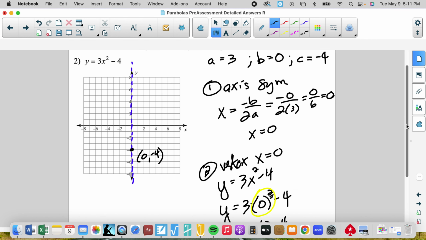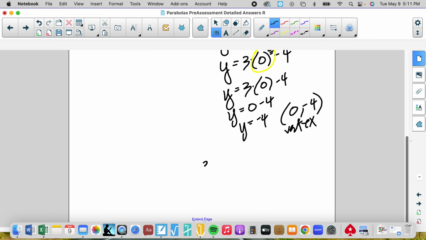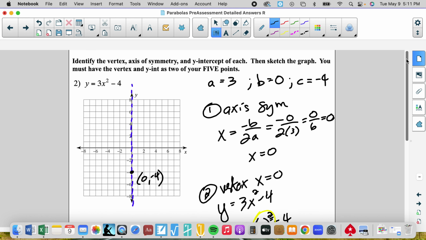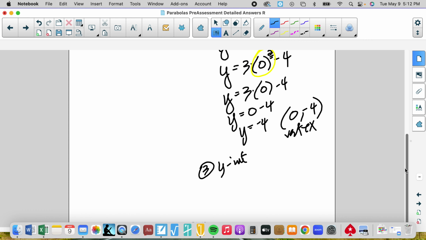Now the next thing is to find the y-intercept. But, hello, what do we notice? The y-intercept is going to lie on the y-axis. Guess what else lied on the y-axis? My vertex. So in this instance, which is special and unique, my vertex also ended up being my y-intercept.